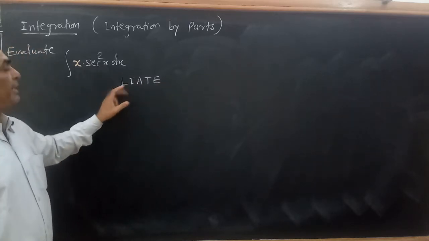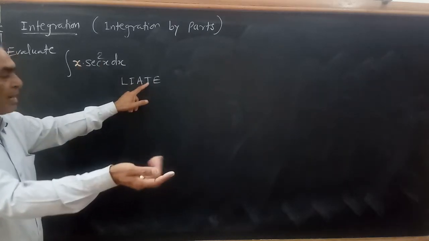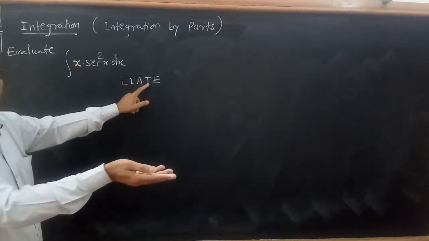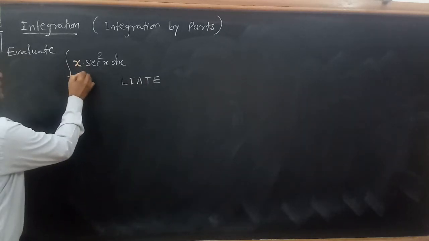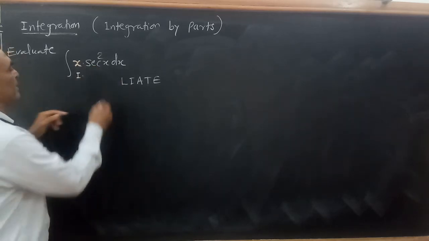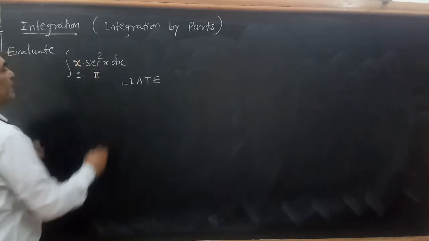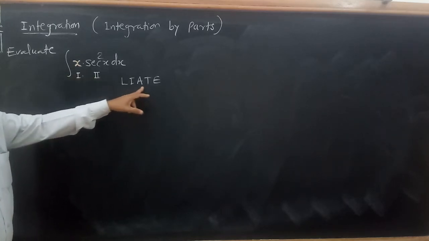Here algebraic first, then trigonometry. That's why in algebraic function you can select first function, and in trigonometric function you can select second function. This is the order of selection by using the order of letters LIATE.